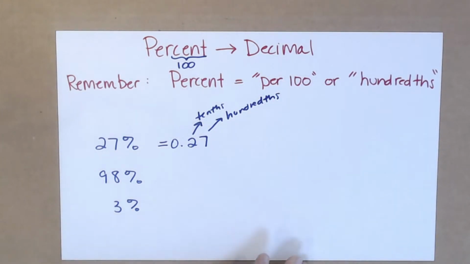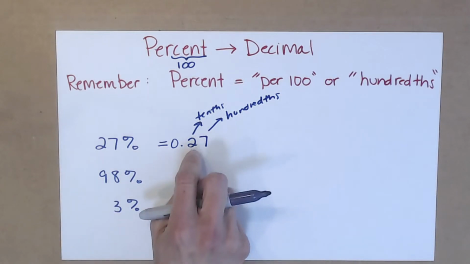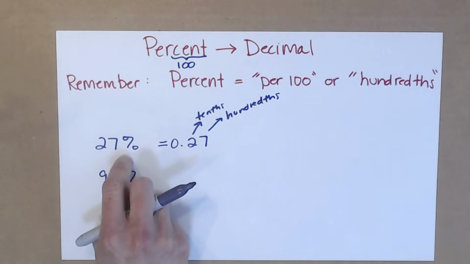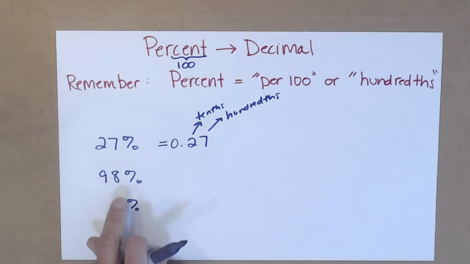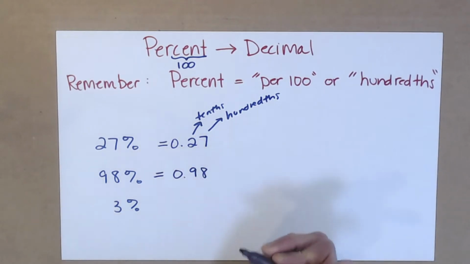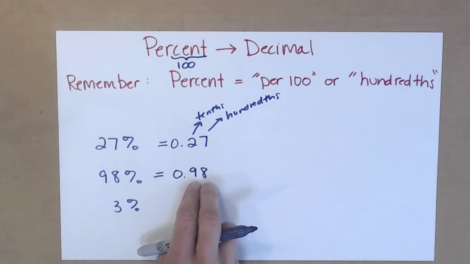So just understanding decimal notation helps to make this conversion pretty easily. 27%, 0.27, because this means 27 hundredths. 27% also means 27 hundredths. This next one, 98%. Again, this one is fairly easy, 0.98, because when we read that, that's 98 hundredths.